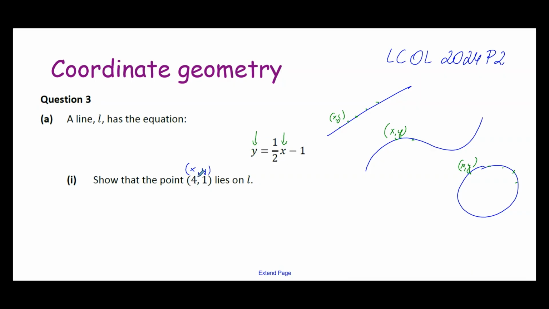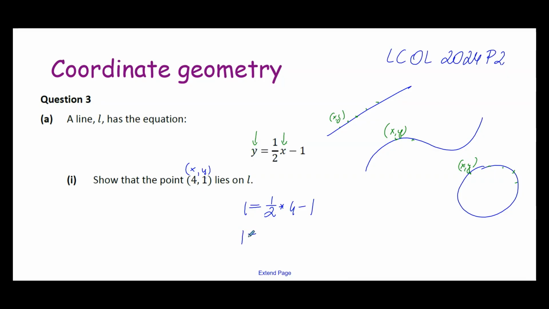So when I have a point on any line, that means that this is the value of x, this is the value of y. So that's what I do. I replace y with 1, and then on the other side I have a half, multiplied by x, which is 4, minus 1. And if that point is on that particular line, that equation will be true. What does that mean?